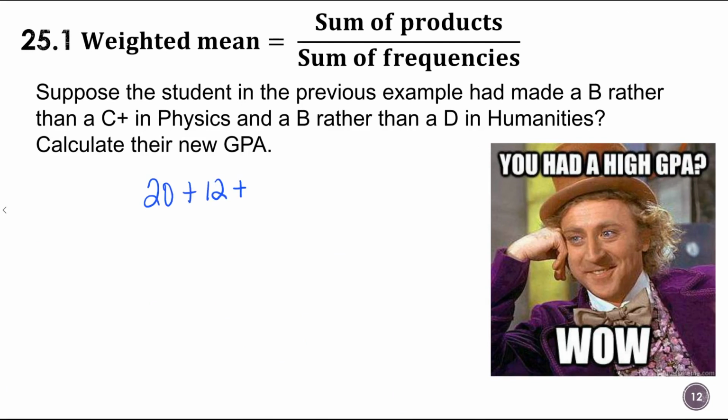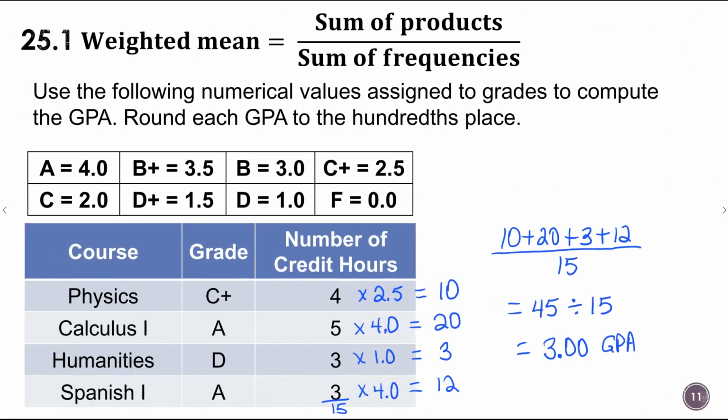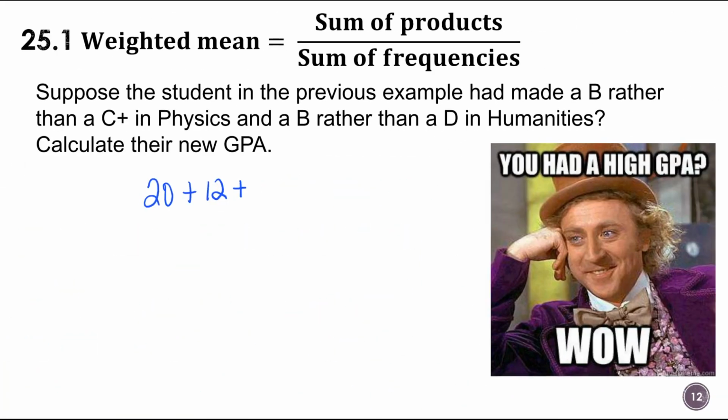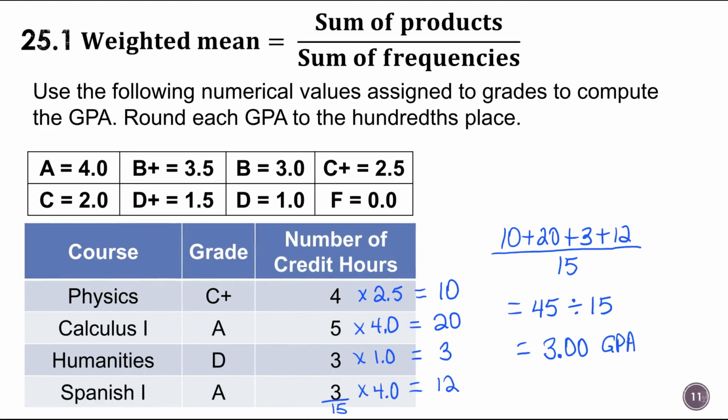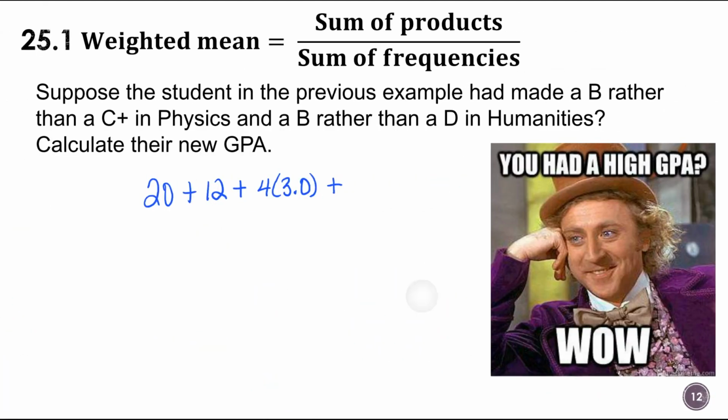But we get to have new numbers for the physics grade. So the physics was 4 hours, and since we're making a B now, we're going to do 4 times 3.0. And then also in humanities, was a 3 credit hour class, which is a standard thing. So 3 credit hours times our B, and we're still dividing by 15.